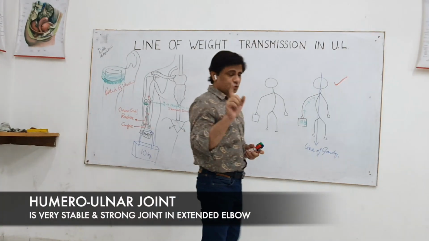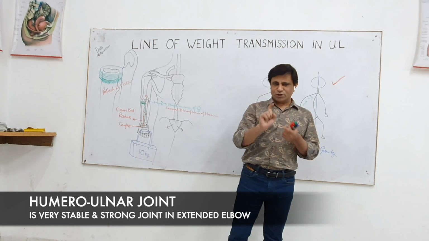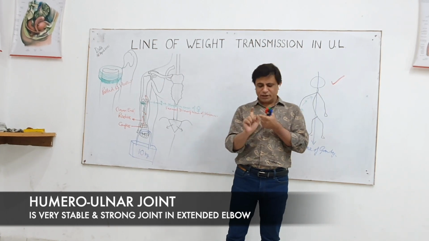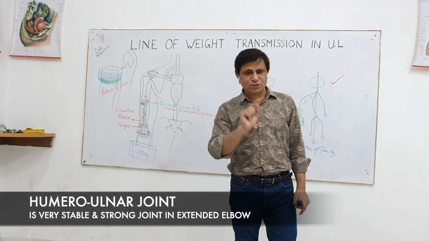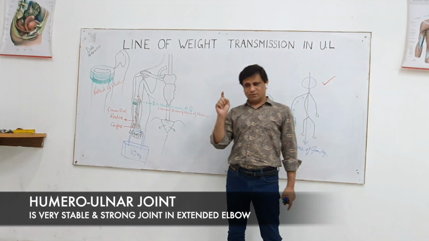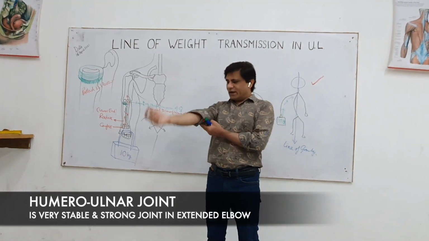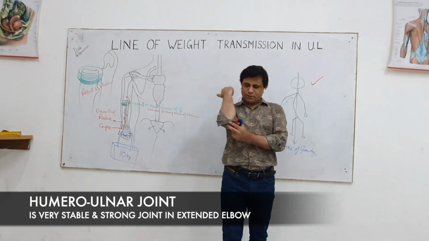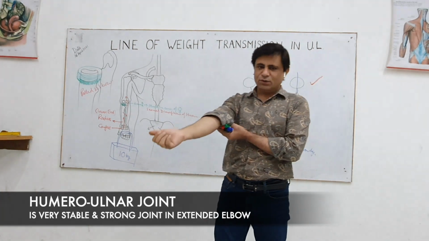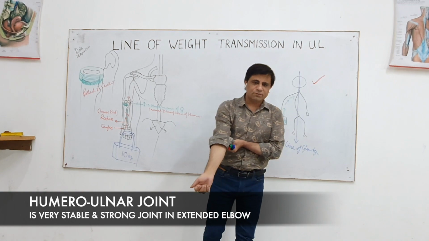Got it now? The superior or proximal end of the ulna has a notch called the trochlear notch. Anteriorly it has a smaller process called the coronoid process, and superiorly or posteriorly it has a bigger process called the olecranon process. So when you are in an extended elbow, this olecranon process moves behind and goes into a fossa in the lower end of the humerus, called the olecranon fossa.